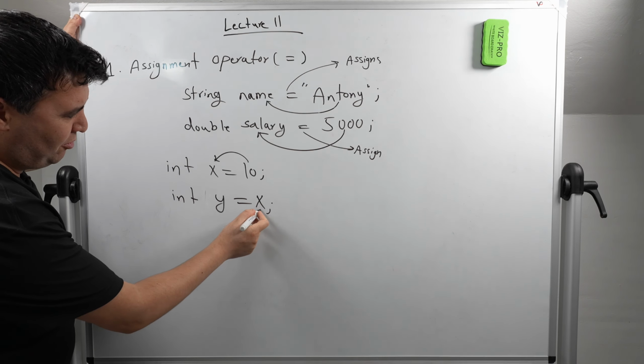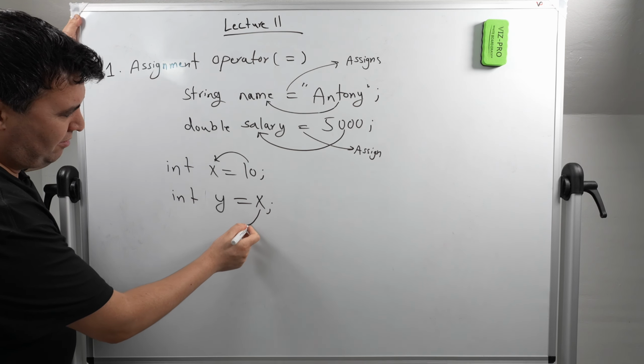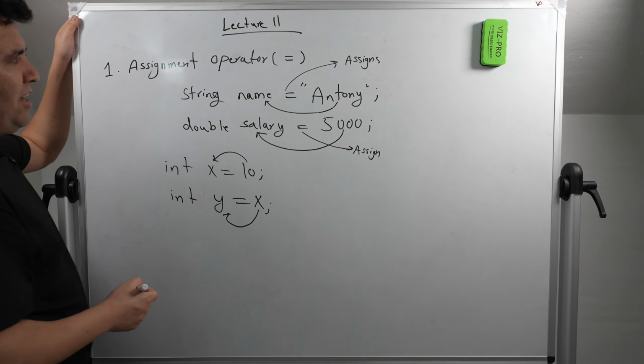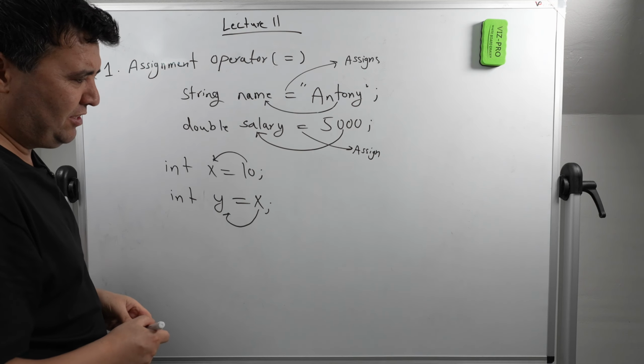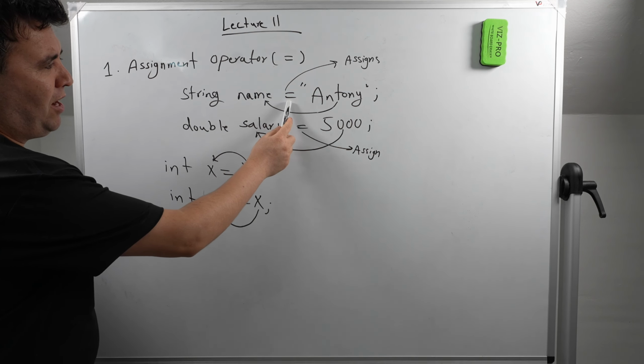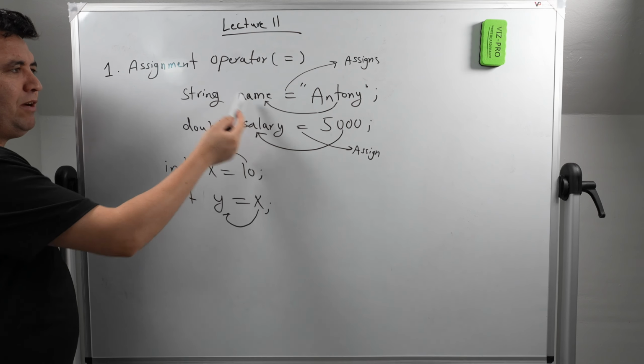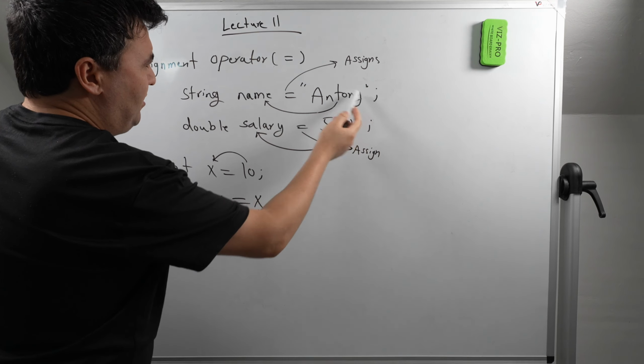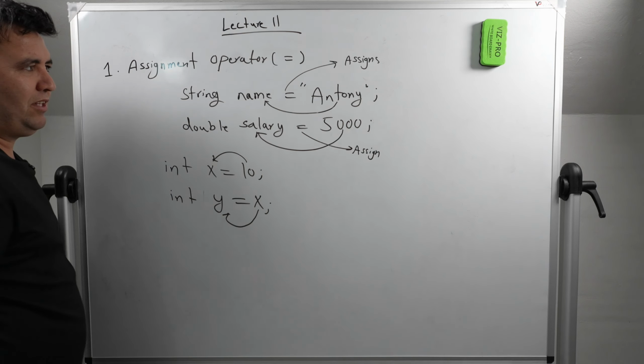So now we store the value of variable x inside y. So now inside y we have 10 if we print it out. The assignment operator in C++ is very important, and it's used for assigning values to variables. It is used to store the value on the right to the variable on the left.